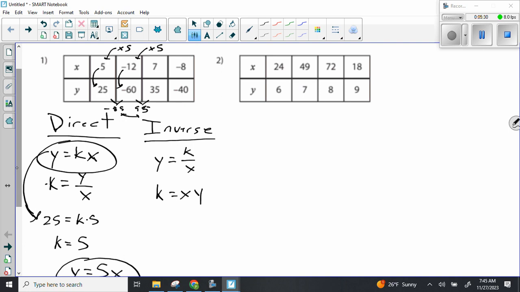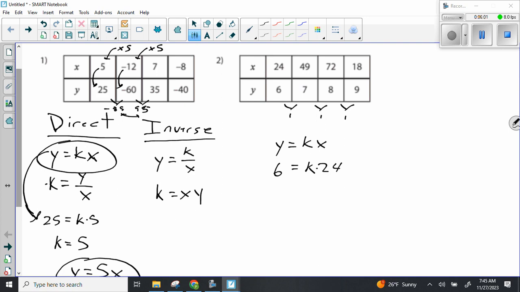Let's check and see if this one has direct variation. I do see that there is a constant increment. Let's see if y equals kx. We're going to check for direct variation first. 6 equals k times 24. Let's figure out what k is, and if k actually works as a constant for multiplying.